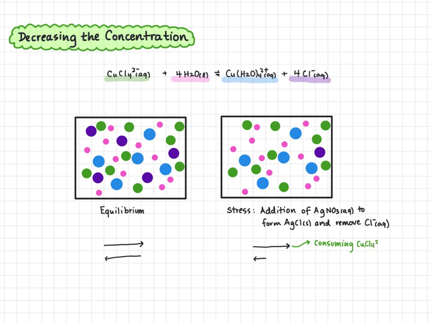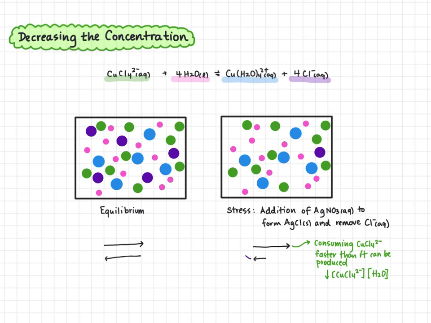We're consuming the copper chloride complex faster than it can be produced. That's going to lead to a decrease in the concentration of that complex, as well as water, as much as we can reduce the concentration of water.